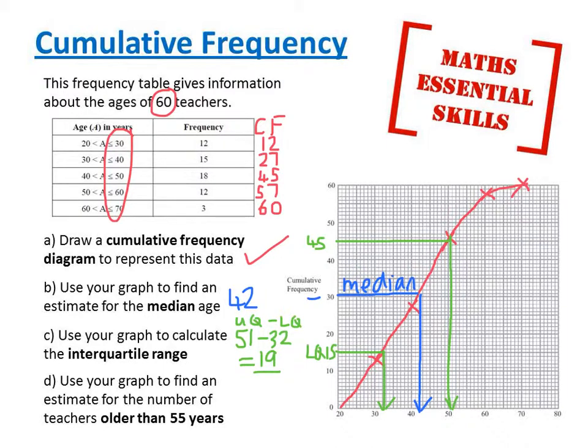Finally, use the graph to estimate the number of teachers who are older than 55 years. To do this, I'll find 55 years on my age axis, which is down here, and I shall go up, again using a ruler in the exam, and I shall go across.